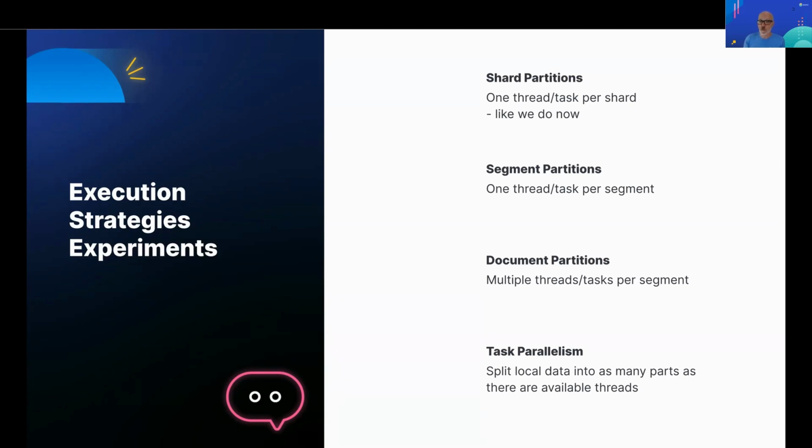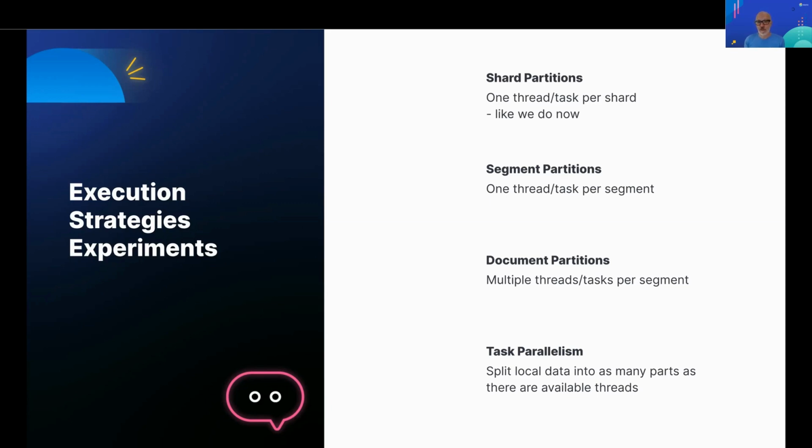This means a lot more threads, but now the ability to process segments in parallel. But not all segments are the same size. So the document partition strategy allows multiple threads to process a single segment. Again, this uses more threads than CPUs, but processing a segment can now happen in parallel.